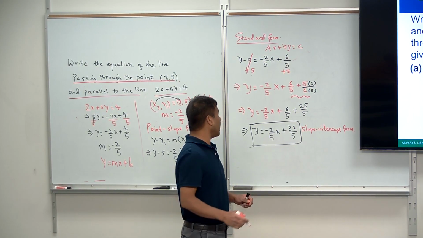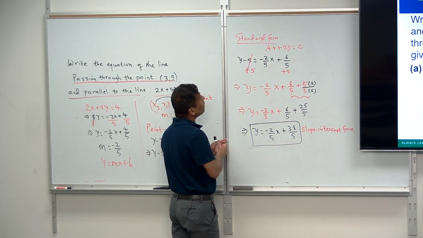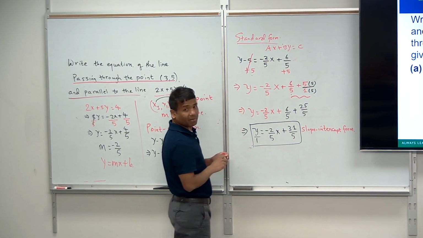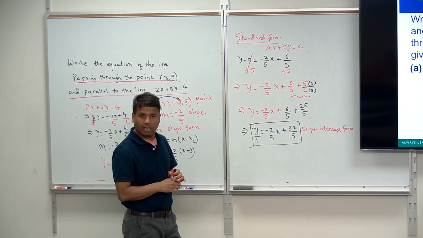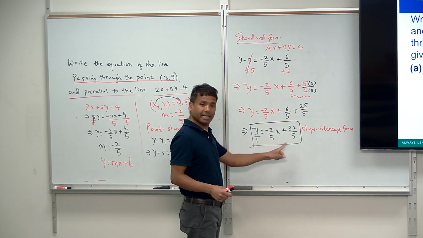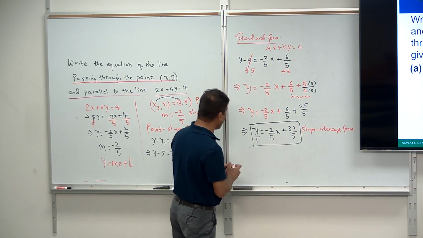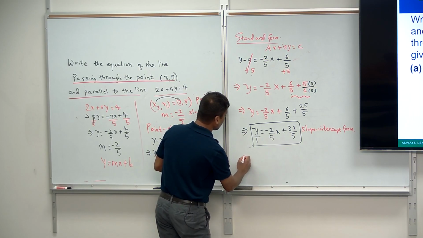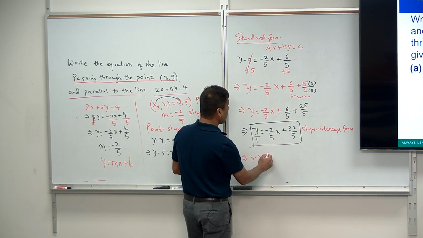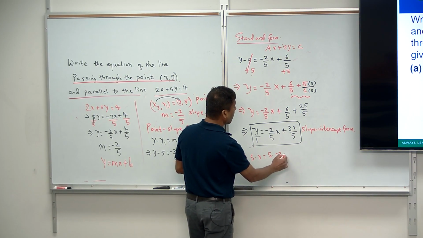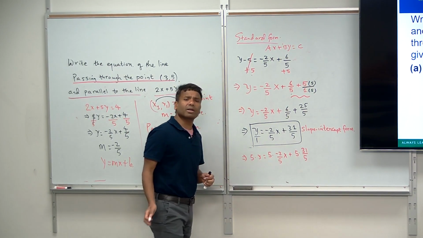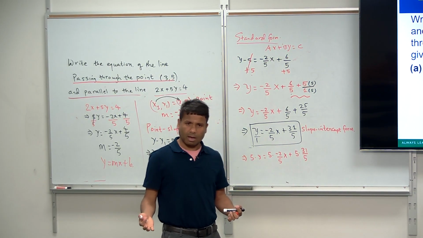Okay? So now, to find it in this form, I want to multiply both sides by the LCD. You know the least common denominator is 5, right? You multiply both sides by 5. So it will be 5 times y equals 5 times negative 2 over 5x plus 5 times 31 over 5, because I want to get rid of the denominator, right?